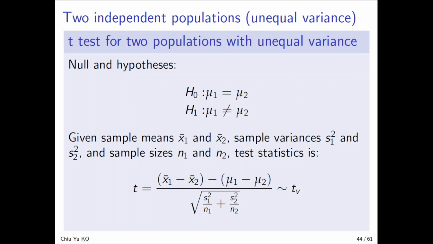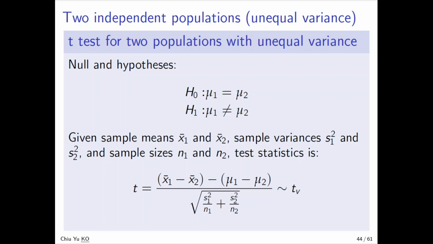This is not difficult to see because s1 and s2 are independent, so the variance of x1 and x2 will be just the sum of those. And now the degree of freedom is not n1 or n2 but is v.